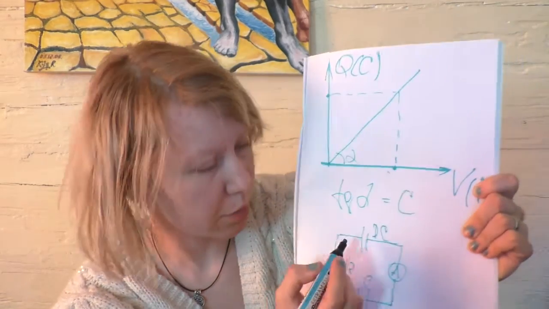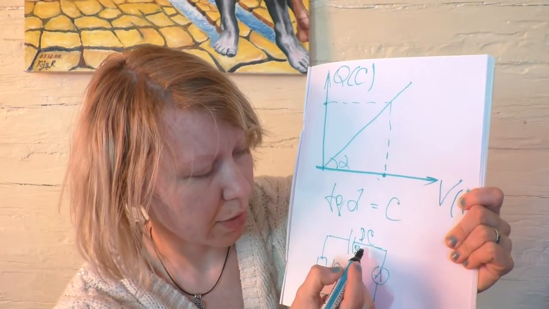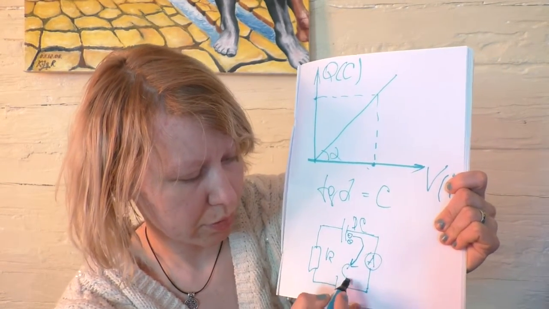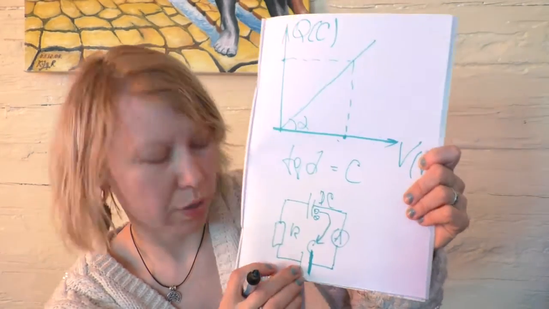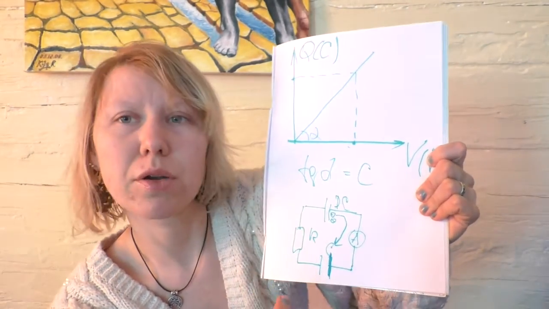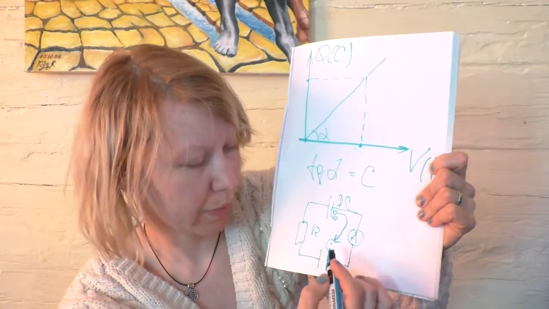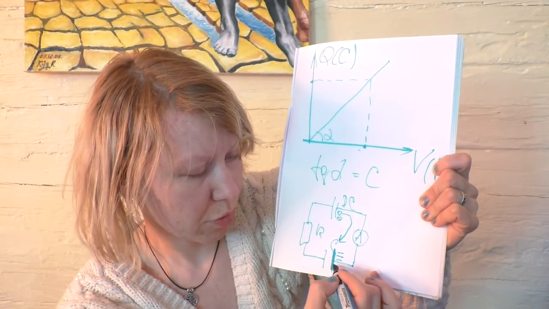Negatively charged electrons go and begin to be collected on one of the plates. Here it's the right plate, and here we can draw minuses.